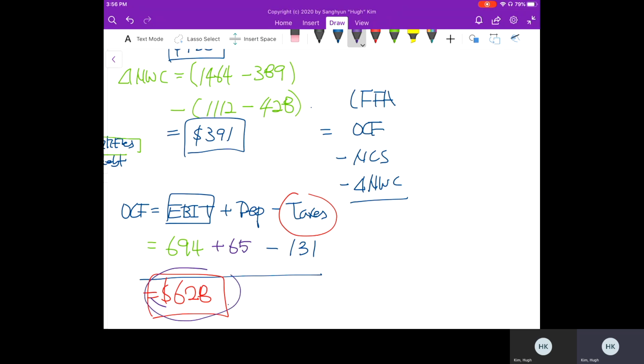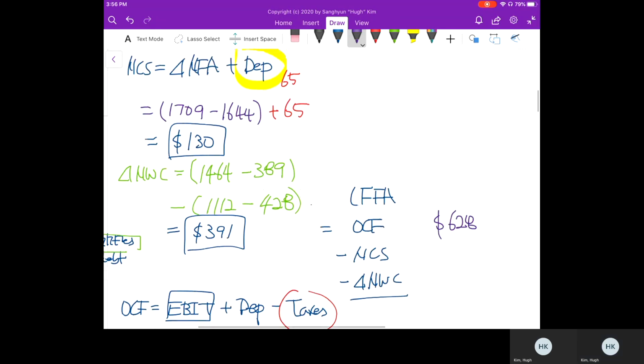Operating cash flow is here, $628 million, and net capital spending is here, 130, and change in net working capital is here, 391.